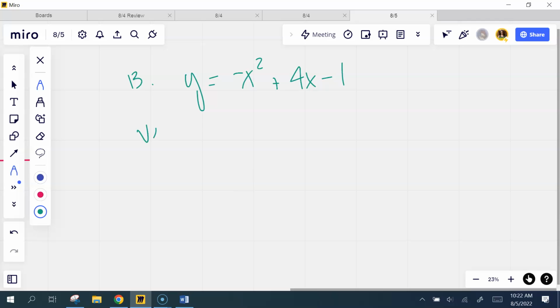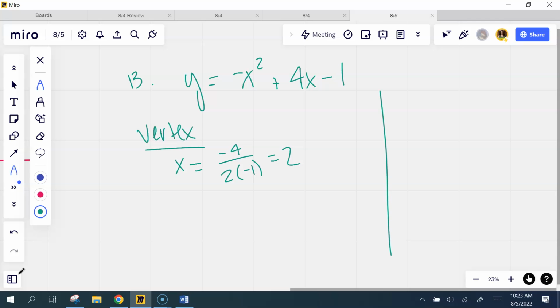All right, let's find the vertex first. Opposite B over 2A, which would give me +2. Negative divided by a negative is a positive. So I get the x value 2.